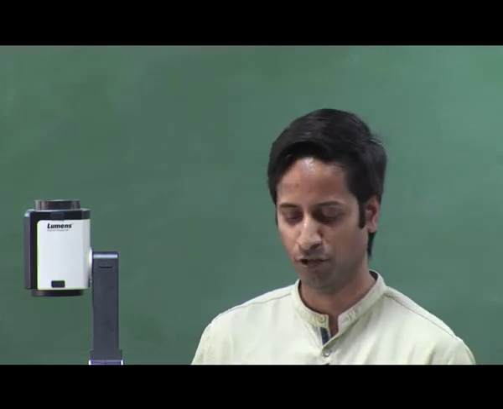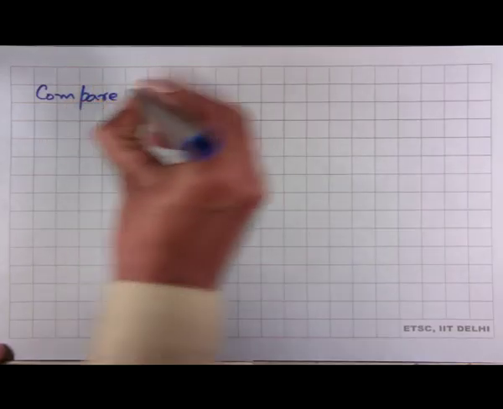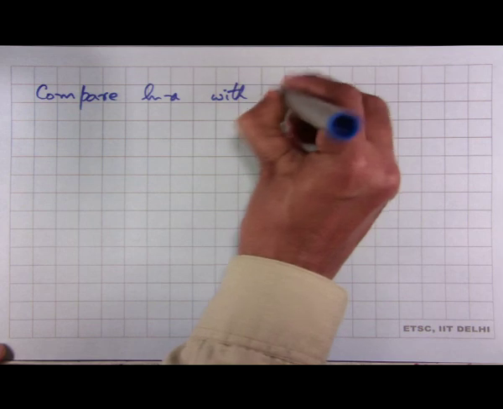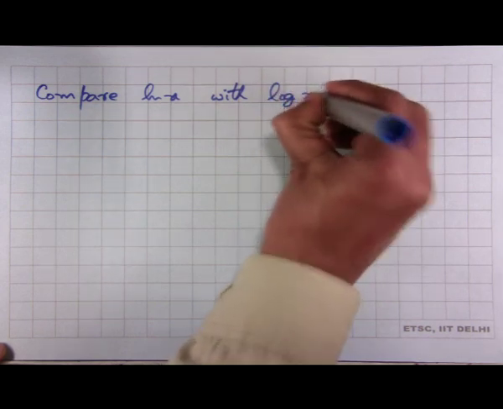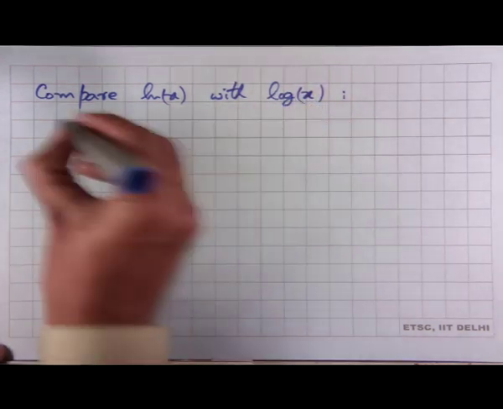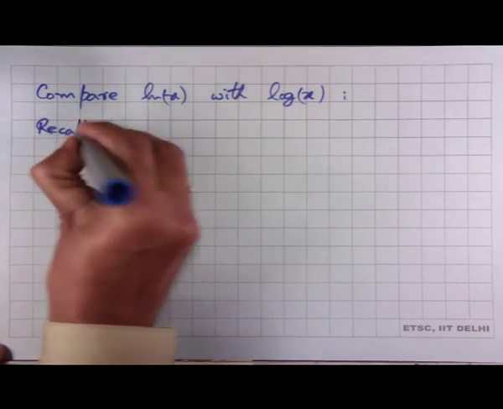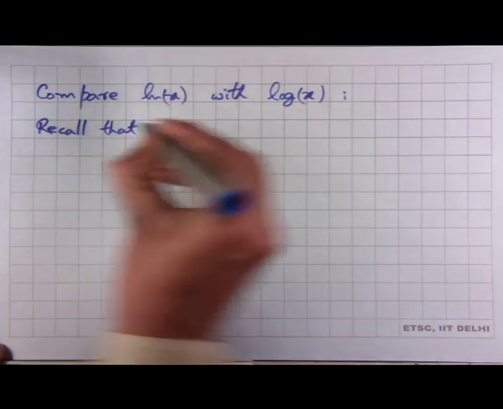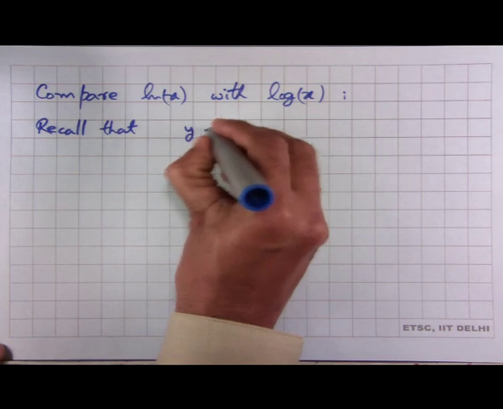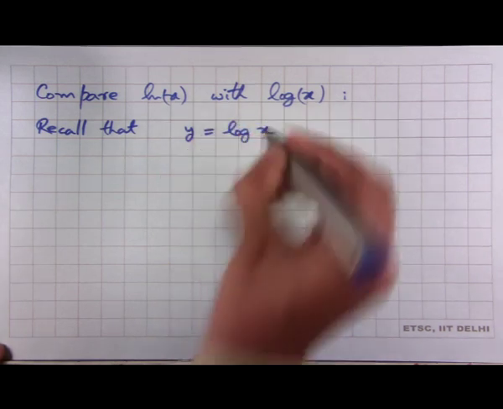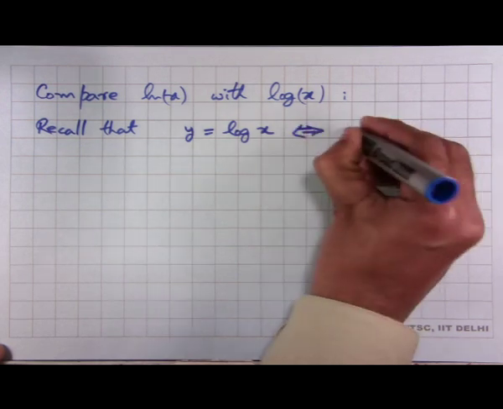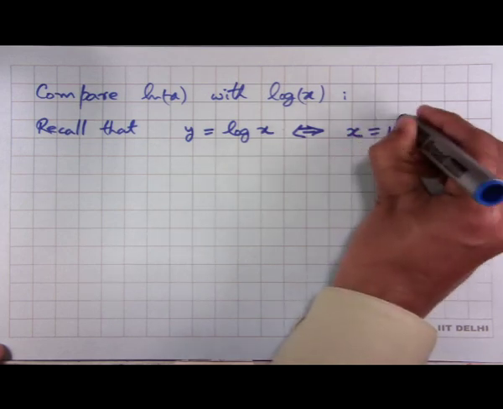Previously in school, you might have learned logarithmic functions. So, let me compare this ln x with the log of x you might have learned before. How is log of x defined? Recall that if I write y is equal to log of x, this is equivalent to saying that x is equal to 10 raised to power y.